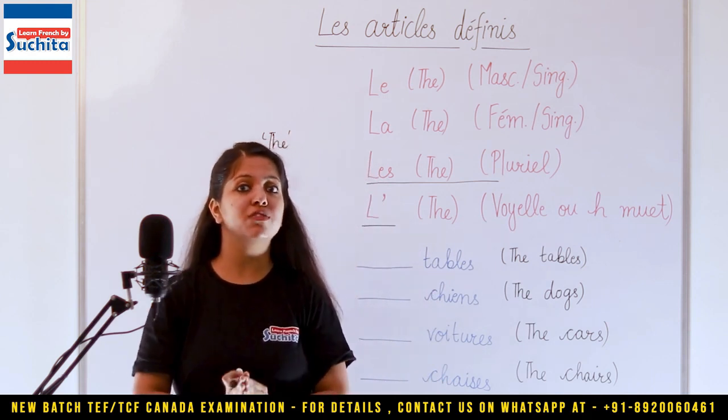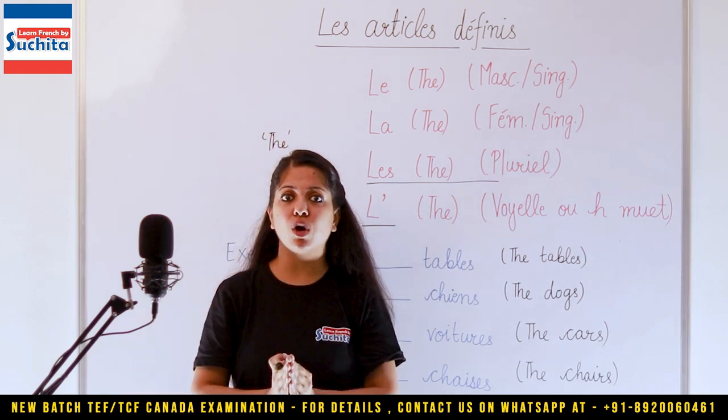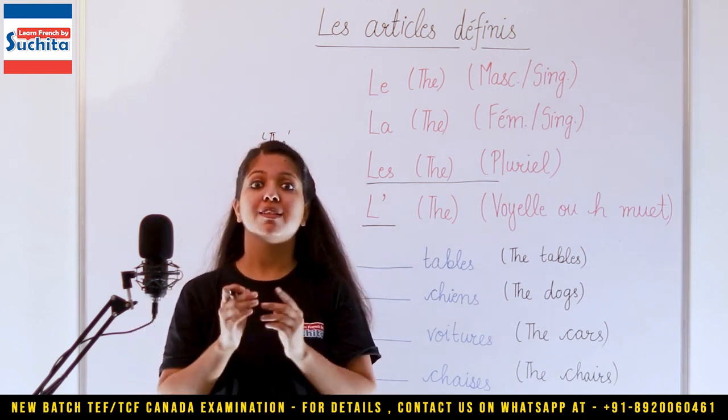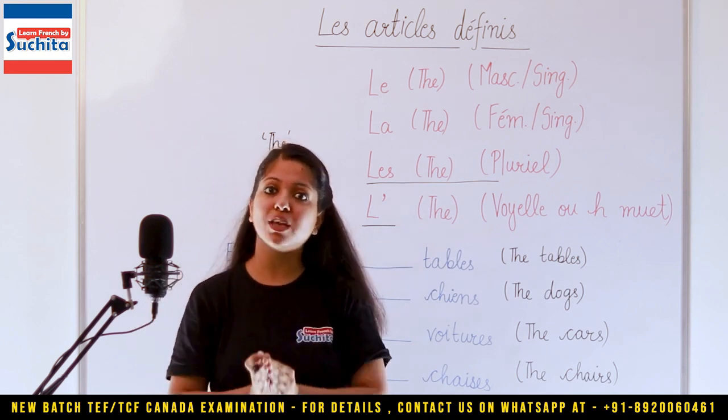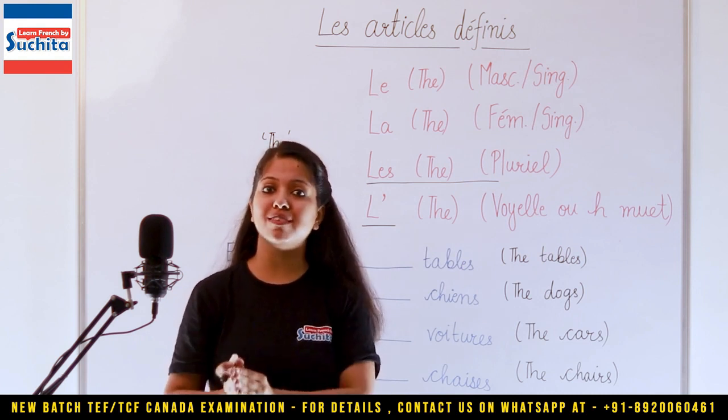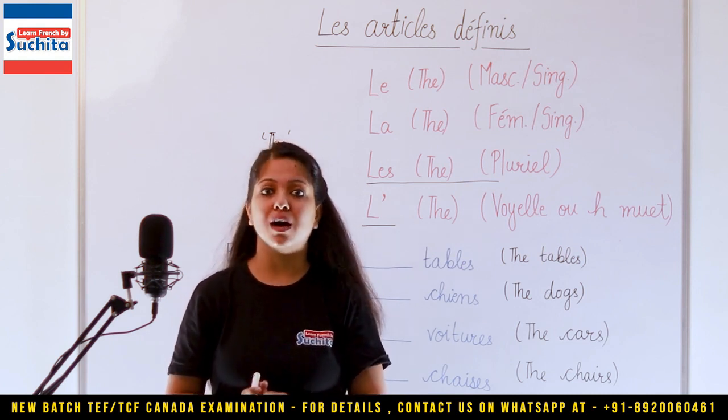If it does not even begin with a vowel, then you have to apply your mind: is it masculine or is it feminine? If a word is masculine singular, you apply le, and if the word is feminine singular, you apply la.